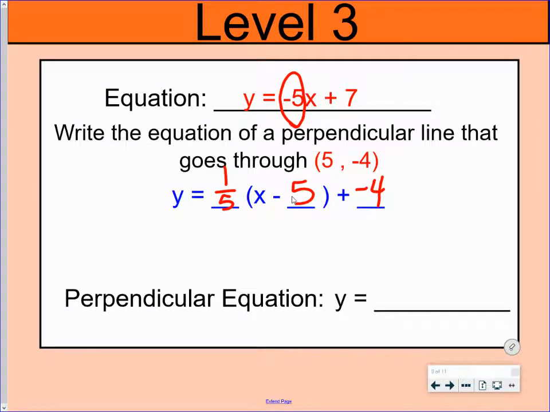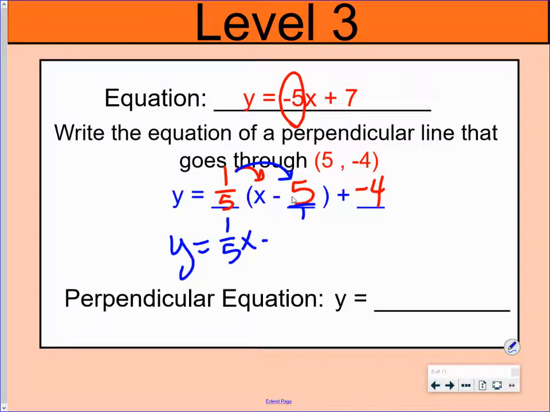simplify this equation here. We're going to do our distributive property, 1/5 times x. So y equals 1/5 x. Now we have our 1/5 times negative 5, that's like negative 5 over 1. Multiply numerators, multiply denominators.